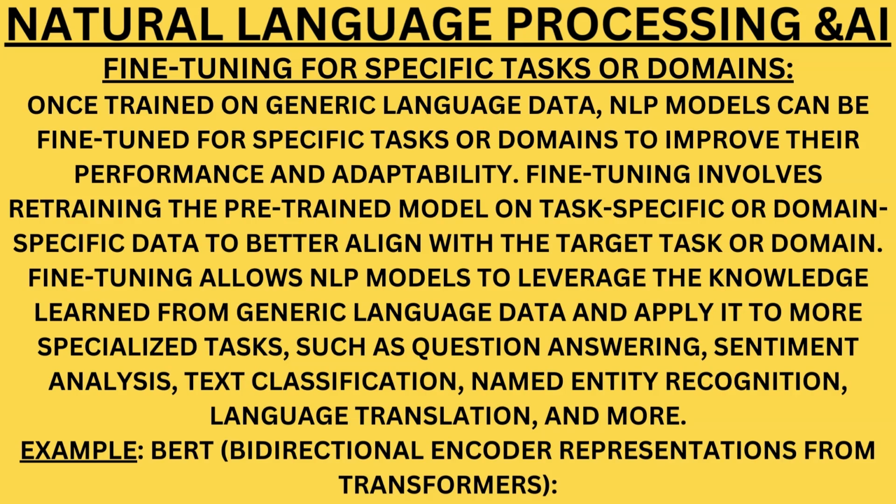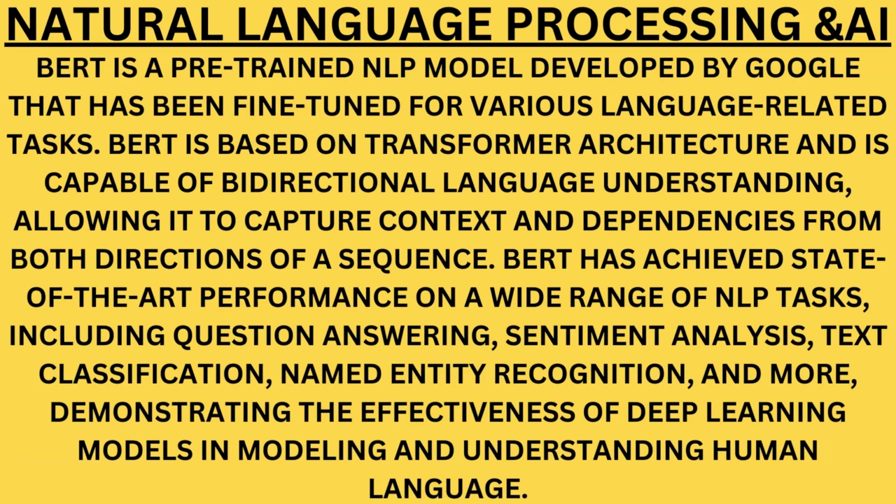Fine-tuning allows natural language processing models to leverage the knowledge learned from generic language data and apply it to more specialized tasks, such as question answering, sentiment analysis, text classification, named entity recognition, language translation, and more. Example: BERT, Bidirectional Encoder Representations from Transformers. BERT is a pre-trained NLP model developed by Google that has been fine-tuned for various language-related tasks.